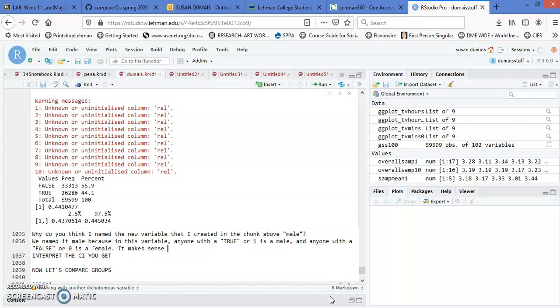It makes sense for it to be called male when males are true, right?